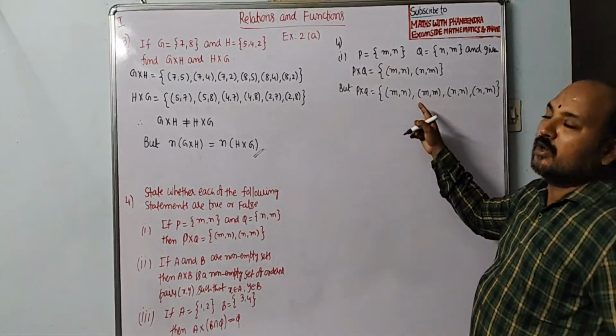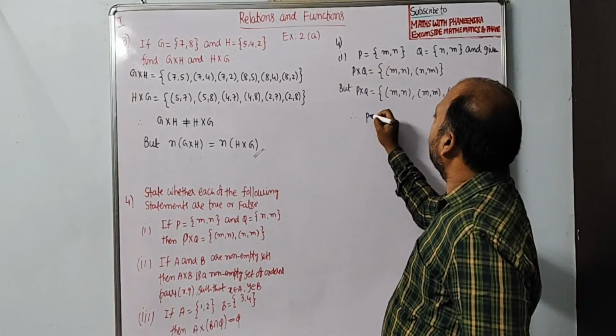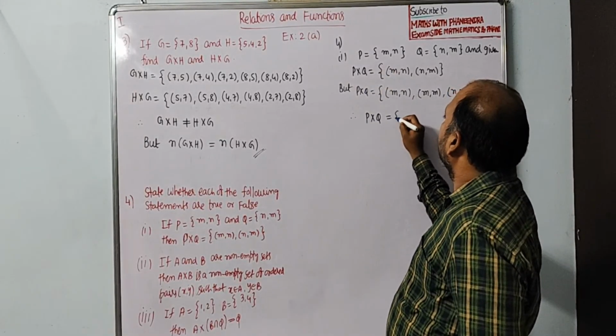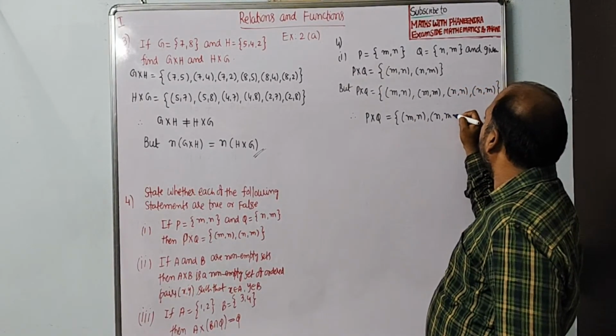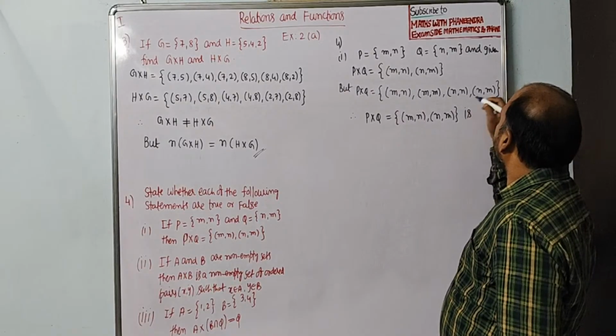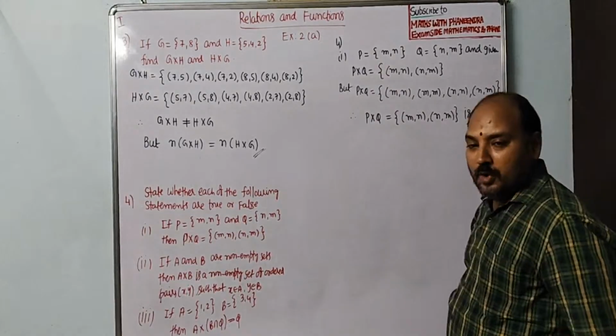This is about P cross Q, but this given statement is wrong, no? Therefore, P cross Q as the ordered pair (m, n), (n, m) is false. I hope you understand.